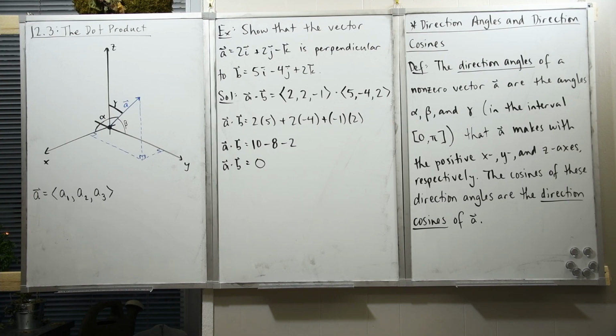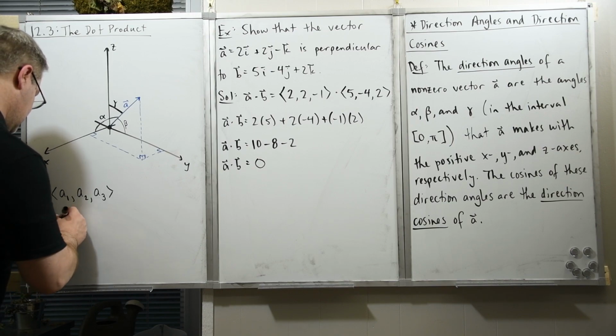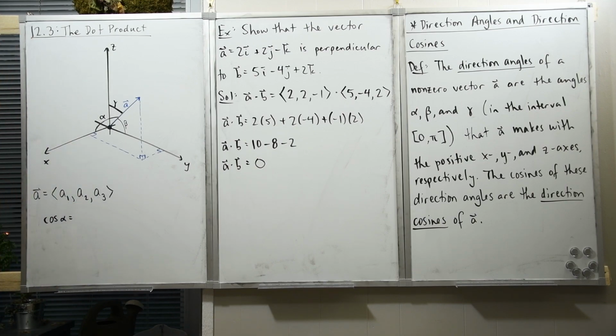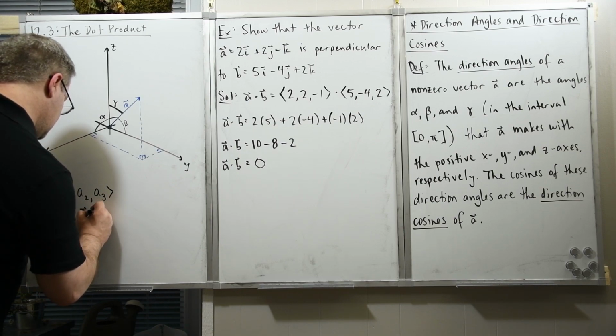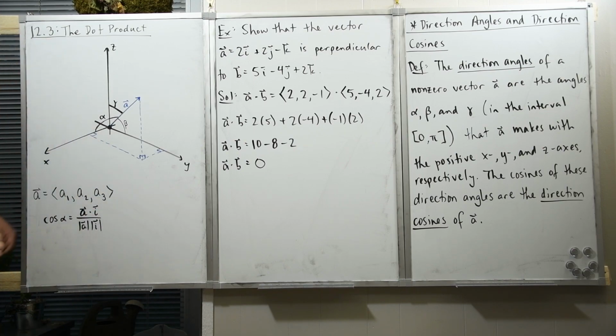And so with that in mind, we know that the cosine of alpha is equal to A dot I over the magnitude of A times the magnitude of I.